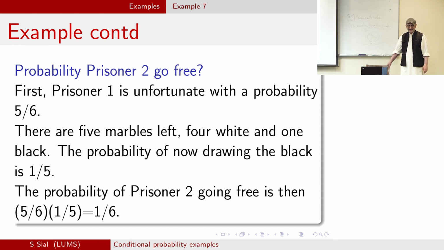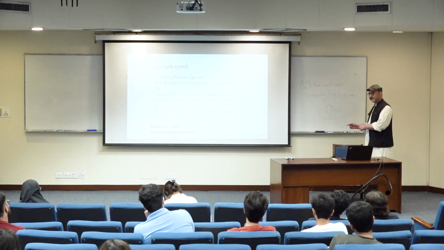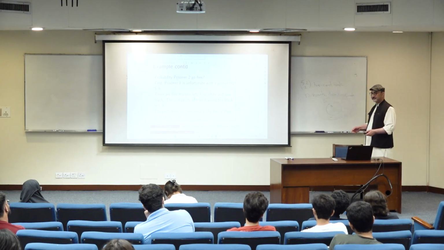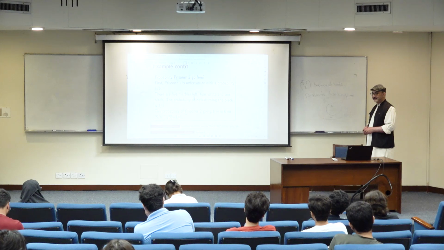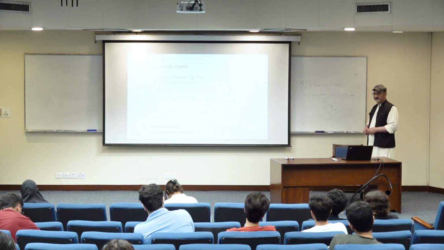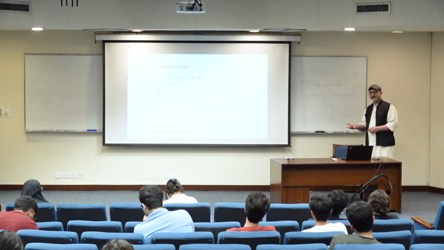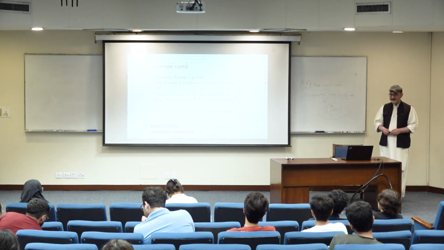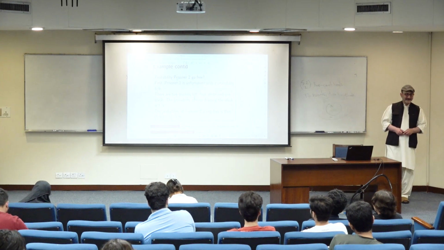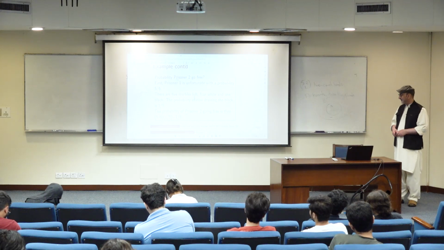So you'd have to multiply 5 over 6 times 1 over 5. So the result for prisoner number 3 is left as an exercise. You should work through that, and you'll see again that it's 1 out of 6.